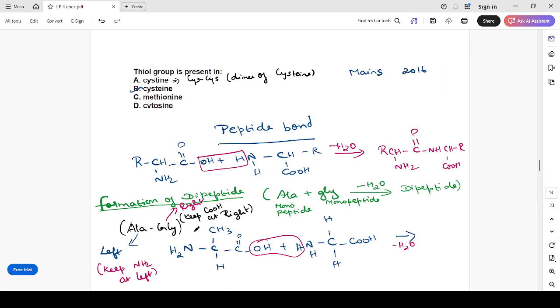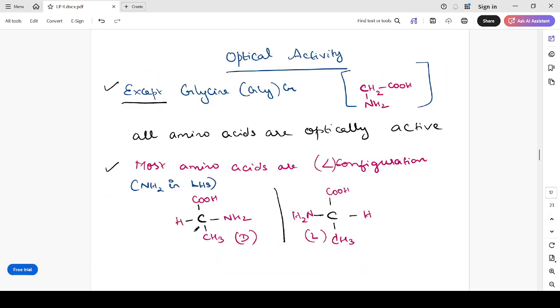Now you are going to learn about the peptide formation. How do they form peptide formation? In what way they are becoming optically active in nature? The case of amino acids. The first amino acid, glycine, is the only optically inactive amino acid.